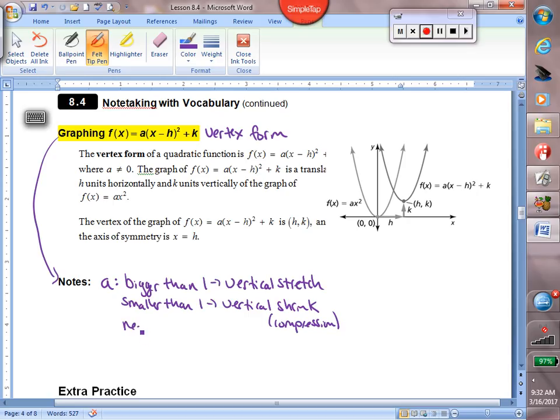And then whenever a is negative, that caused our vertical reflection. So letter A was our main focus in section 8.1. The next variable that we see in vertex form is the letter h. It's inside the parentheses. It's part of the squared term.